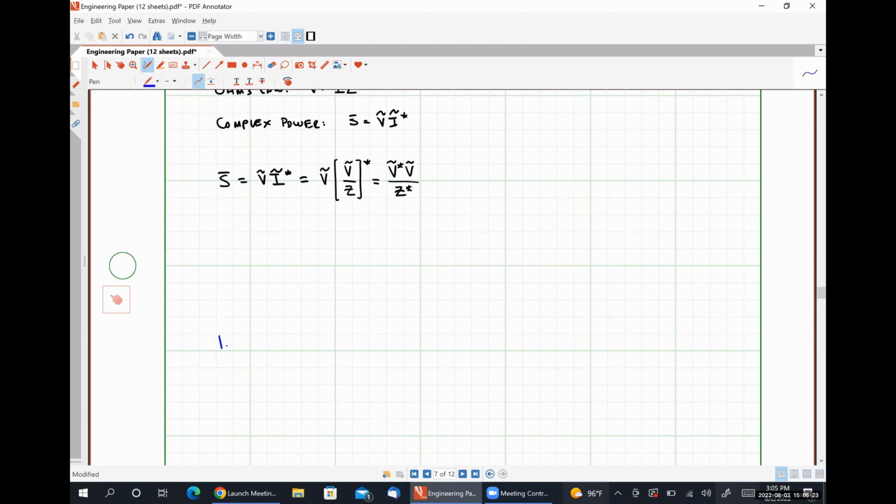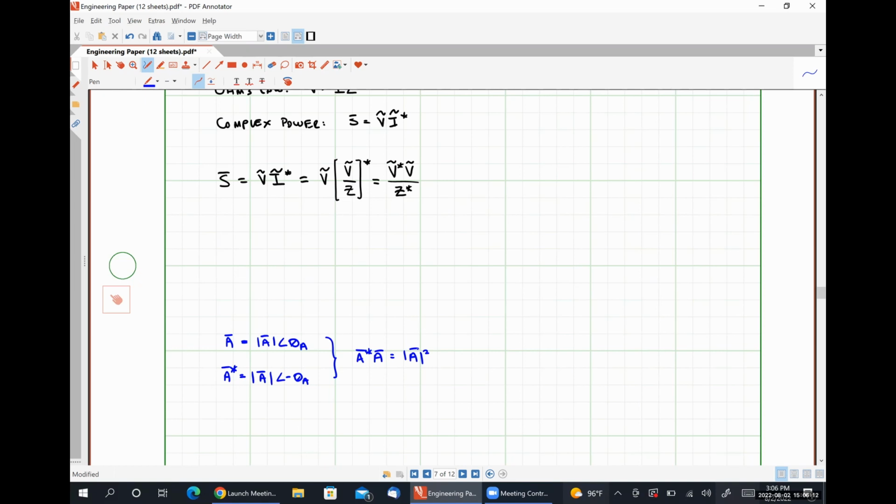So if I have a complex number A that is equal to the magnitude of A, angle theta A, and I have a conjugate, this is just the magnitude of A, angle negative theta A. Well, when I multiply these two things together, this is just going to give me the magnitude of A times the magnitude of A with an angle of 0, because theta A plus negative theta A is equal to 0.